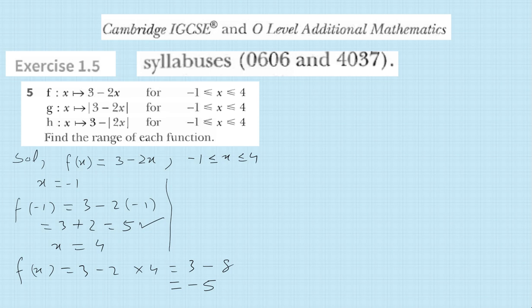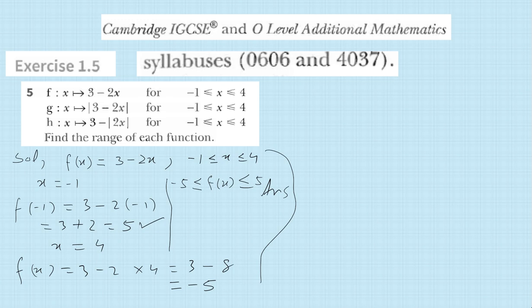So our final answer is f(x) is greater than or equal to -5 and less than or equal to 5. This is our answer. So keep in mind, domain means x and range means f(x) or h(x) or g(x).